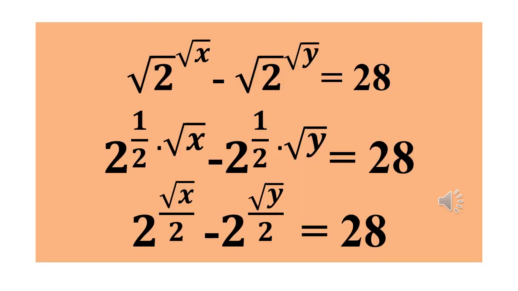Now, since the question is square root of 2 raised to power square root of x minus square root of 2 raised to power square root of y equals 28, we are going to change that square root of 2 to 2 raised to power 1 over 2.